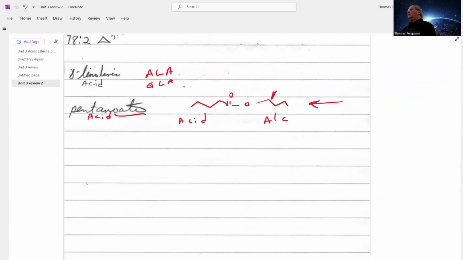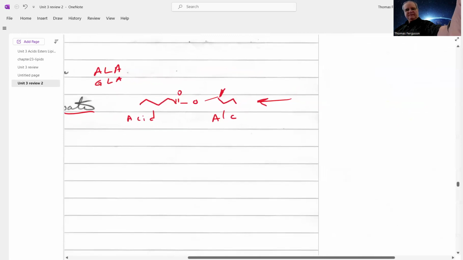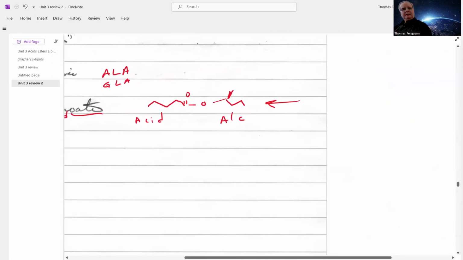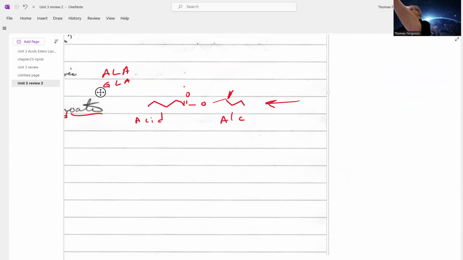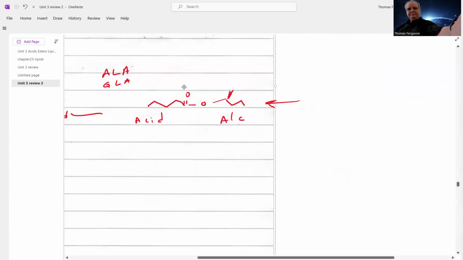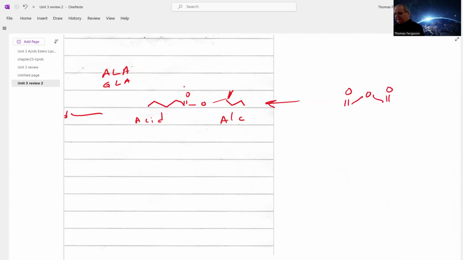let's make this with the anhydride. So we have the same alcohol, but it's the anhydride instead of the acid. Remember, an anhydride is like two acids stuck together. Okay, and it's a 5-carbon acid.